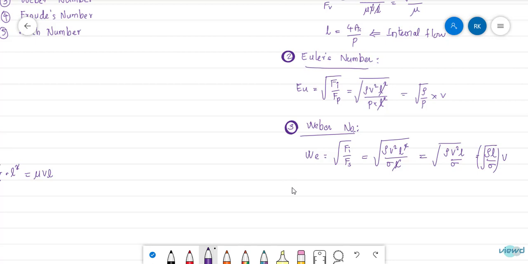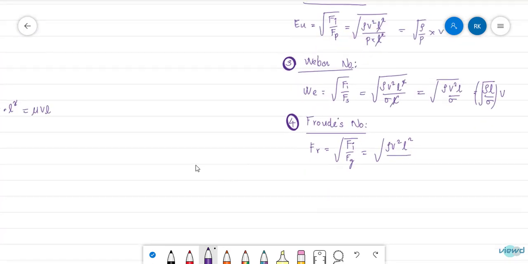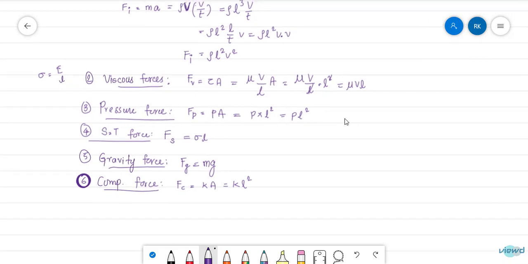Next is Froude's number. Froude's number means inertia force by gravity force. Inertia force means rho v square L square divided by gravity force. Here I wrote gravity force as m into g. Mass can be written as rho into volume, into gravity.